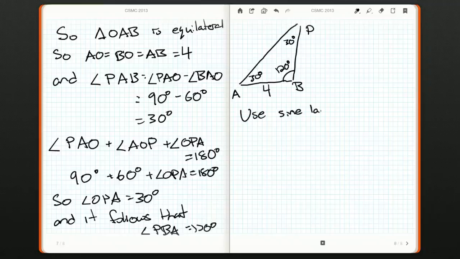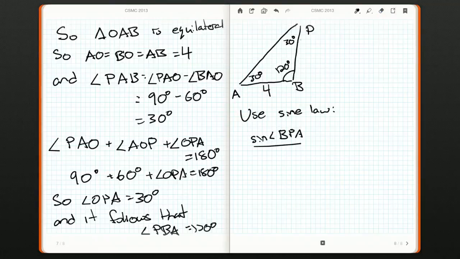So what can we do? We can use the sine law. Okay. So the sine of angle PAB, which we know is 30, divided by, oh, we don't want that one, we want BPA. Alright, this is 10th grade trigonometry, so we should be familiar with it.